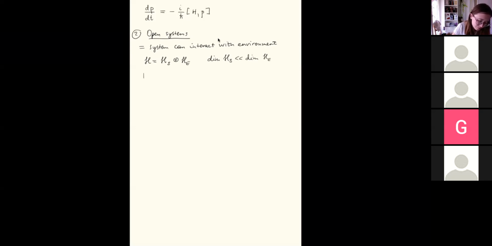Okay, and also the Hamiltonian which describes the interaction between the system S and the environment E can be quite large, or we don't know it.